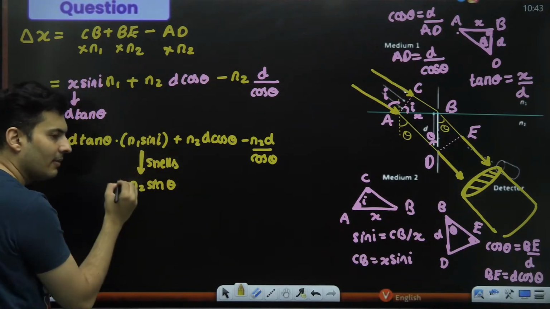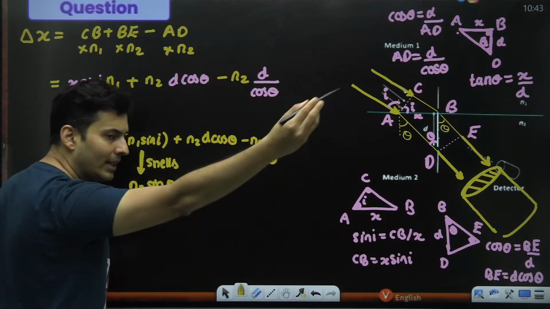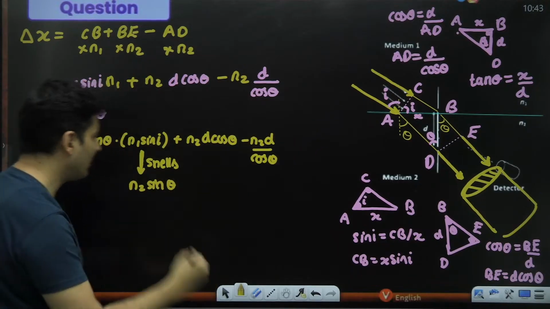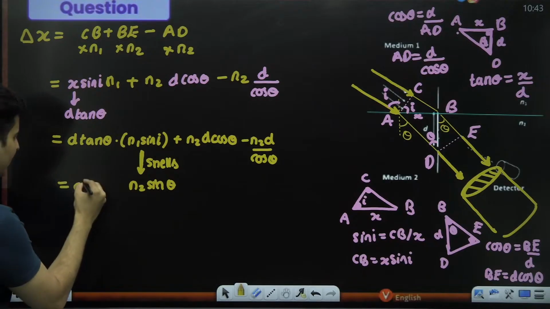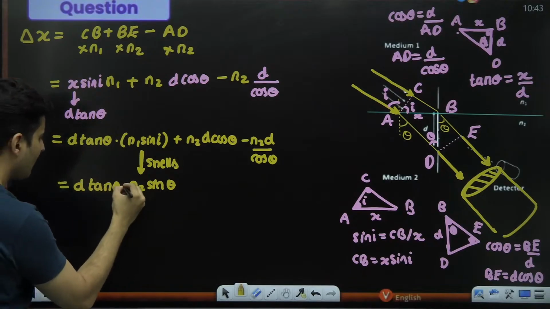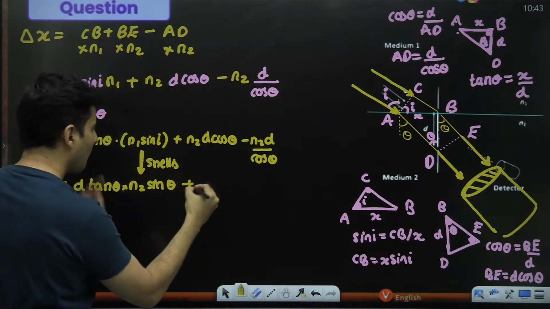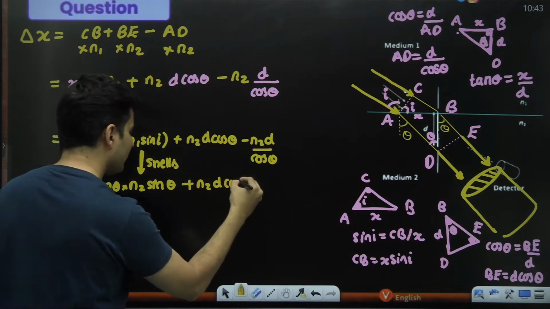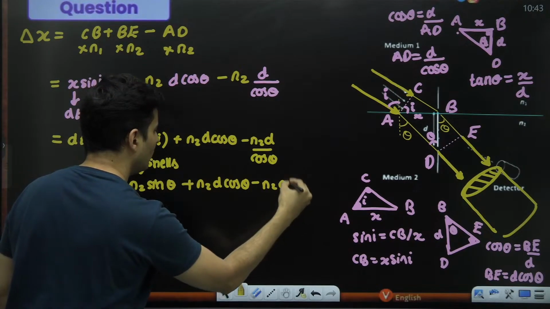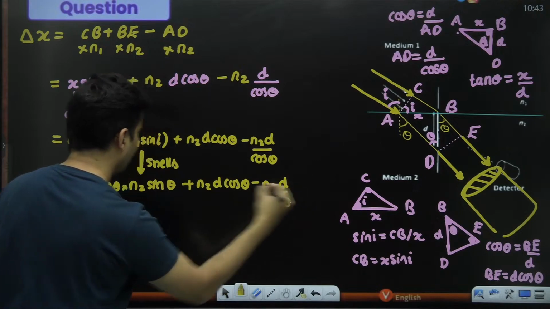So n1 sine i1 is n2 sine i2 is equal to n3 sine i3. That is how Snell's law works. So this is d tan theta multiplied by n2 sine theta, plus n2 d cos theta, minus n2 d by cos theta.